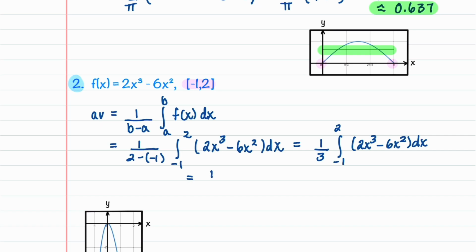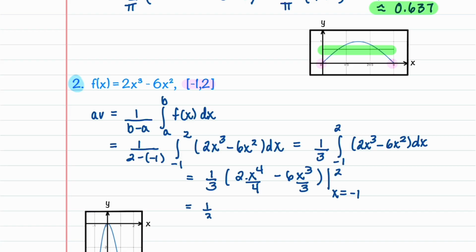Let's now go ahead and integrate this. Our first term integrated is 2x to the 4th divided by 4, and then we have a minus 6x cubed divided by 3, and we're evaluating this from x is equal to -1 to 2.